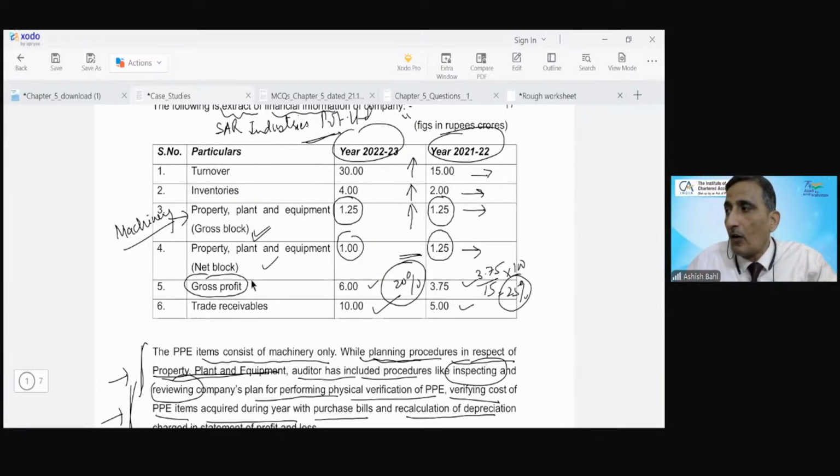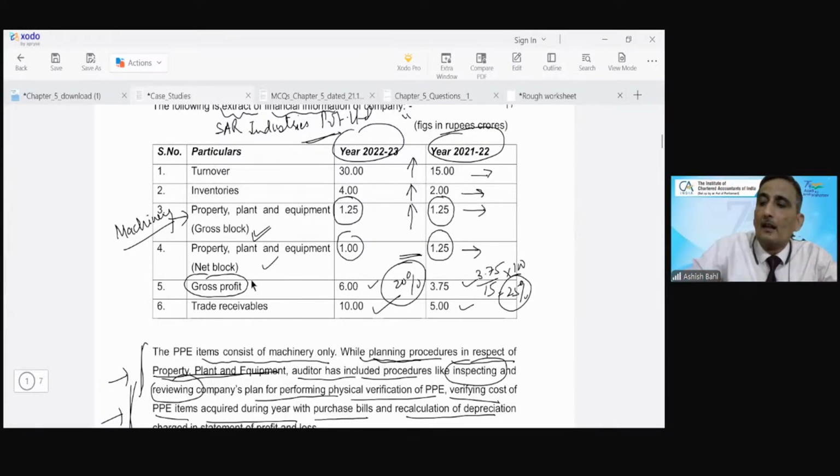So gross profit ratio has a variation. Gross profit ratio has decreased from 25% in year 21-22 to 20% in year 22-23.